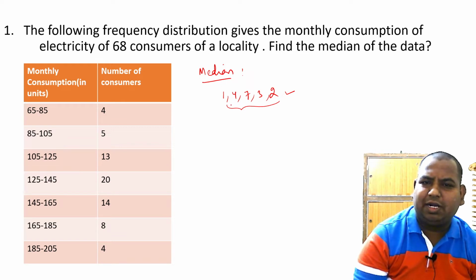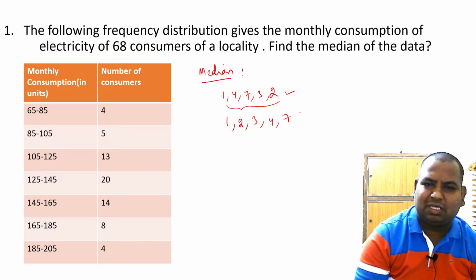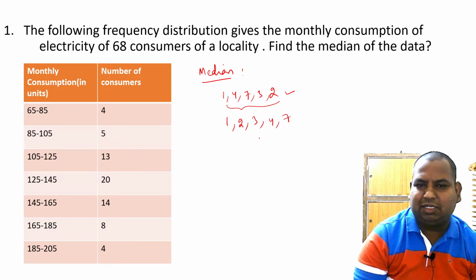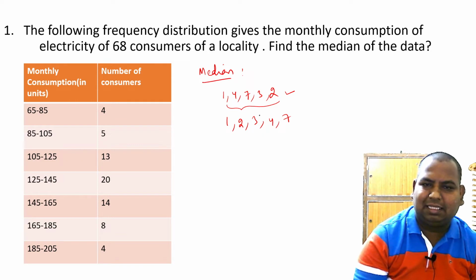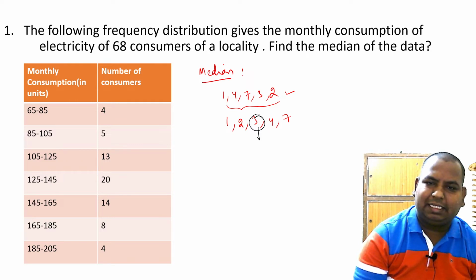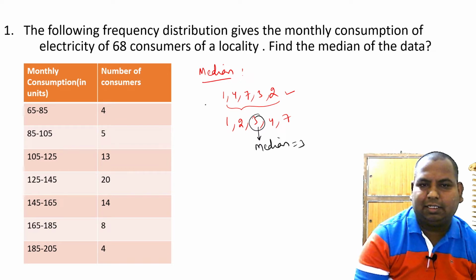Ascending order would be 1, 2, 3, 4, 7. Now we have to find the middlemost value. It's 3. So the median is 3.